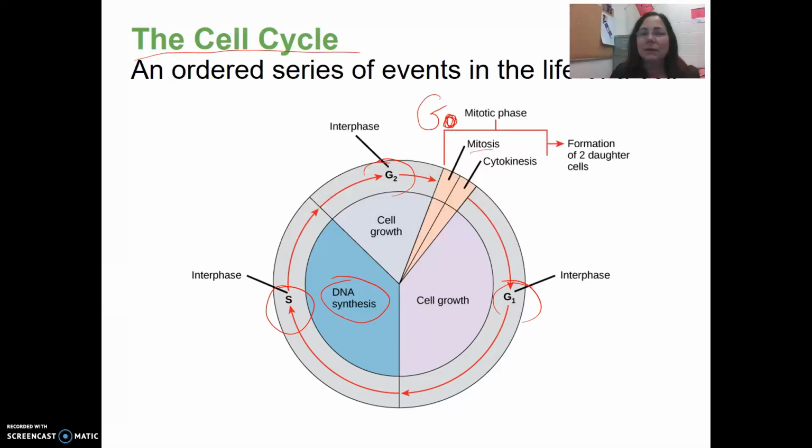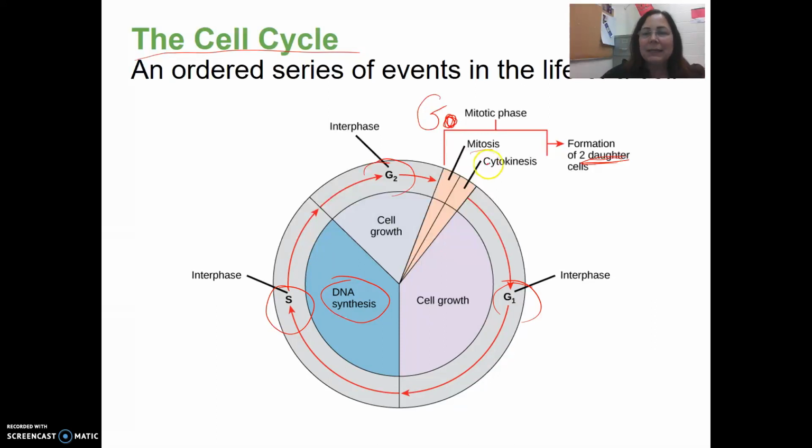But any cell that is going to divide again at some point enters the mitotic phase, and that is the cell division part of the cell cycle. That is when mitosis occurs, which is the division of the nucleus and the separation of the two sets of chromosomes so that each daughter cell, each new cell that forms, will get an identical copy of the DNA from the parent cell or the original cell.